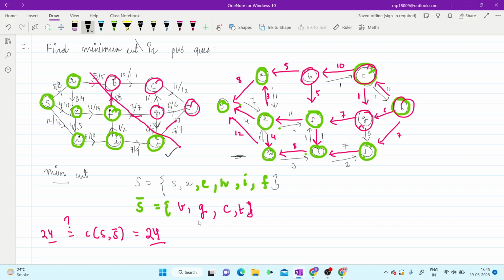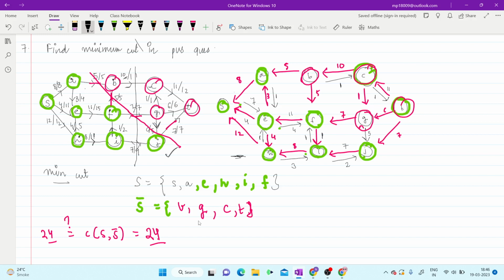This one. If we take it, it is 10 plus 7, it is 24. No, okay, 7 plus 7, 24. But there's also a 10 now. No, it is 10 plus 7 plus 7.